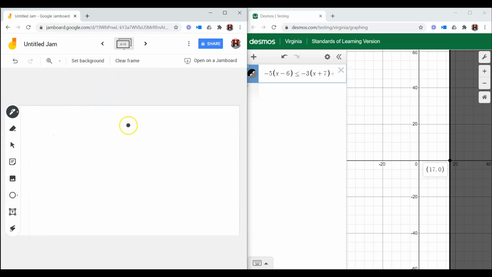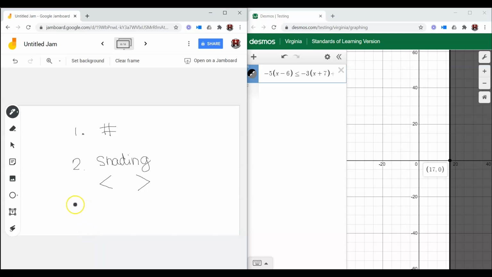So type your problem in your calculator. First, get your number. Second, look at the shading. Which way does it go? If it goes left, use less than. If it goes right, use greater than.